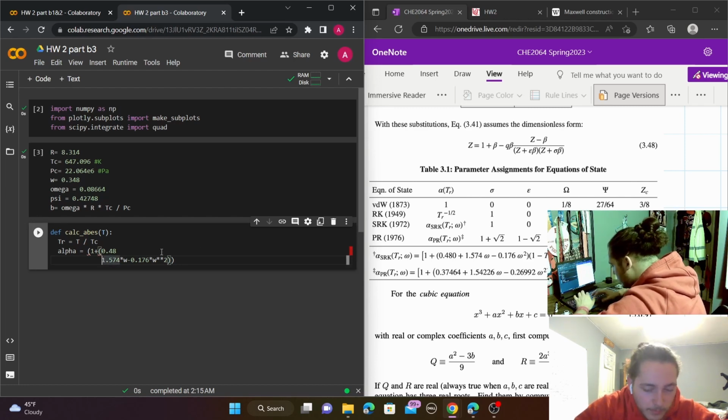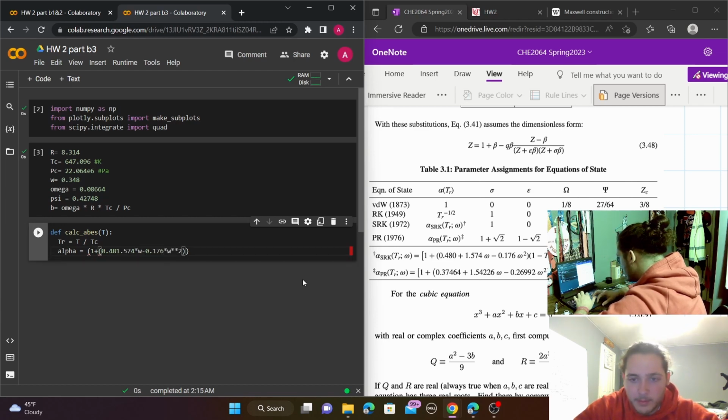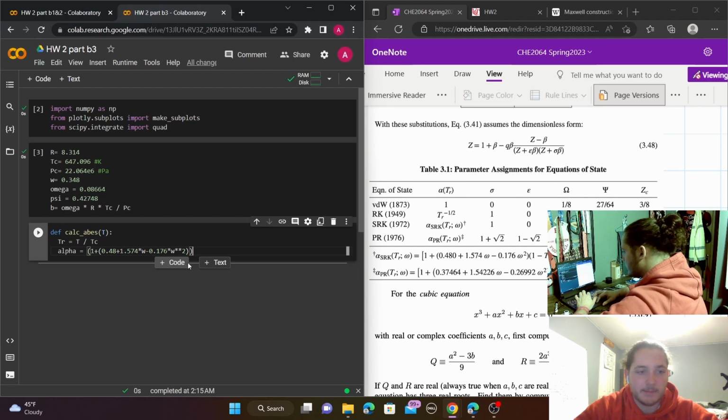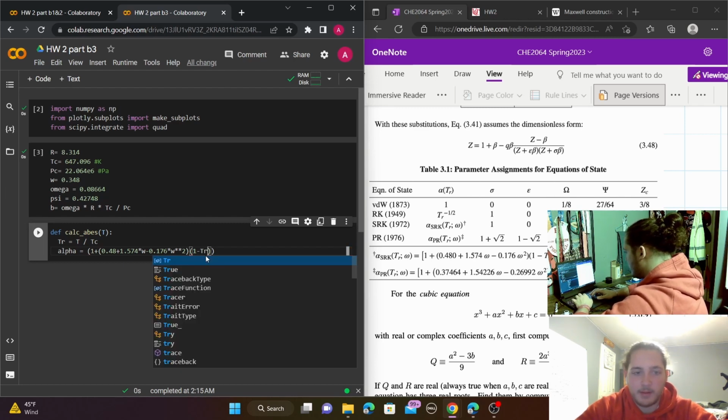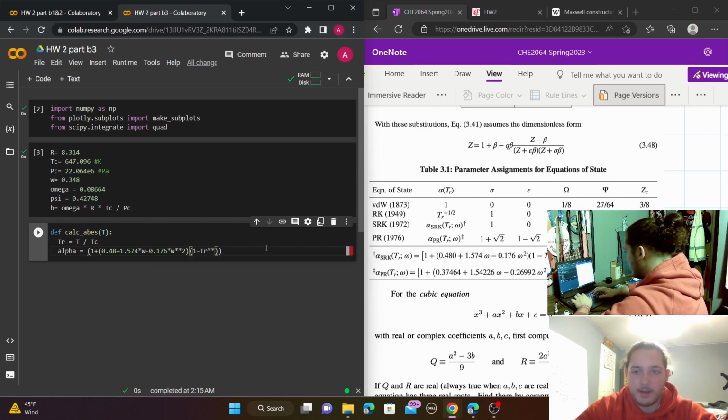Then 1 minus the reduced temperature, and that is raised to the 0.5 power.